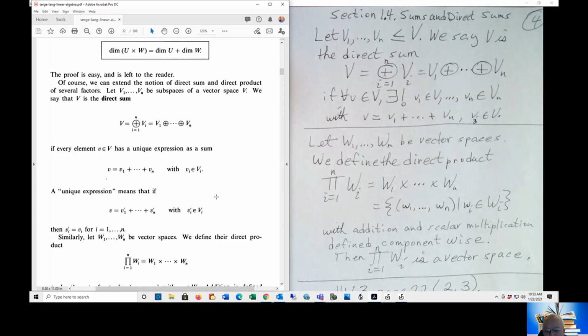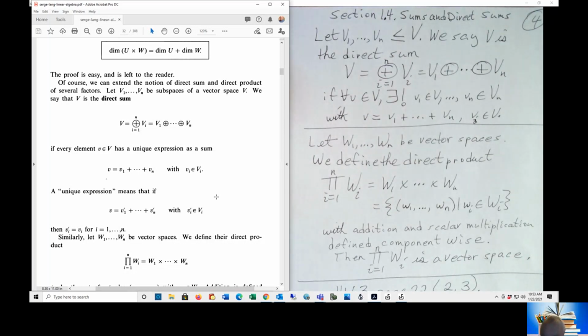And then next, suppose that W1 through Wn are vector spaces, all right? And we define the direct product of the vector spaces. And we use a capital pi symbol.